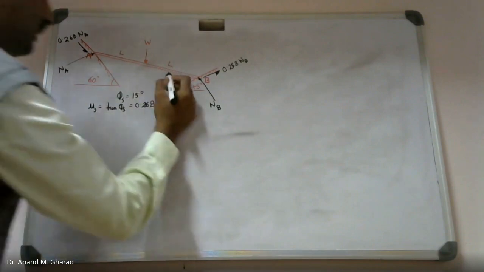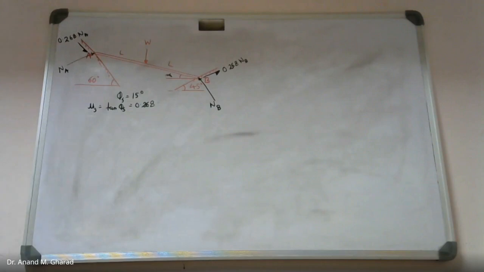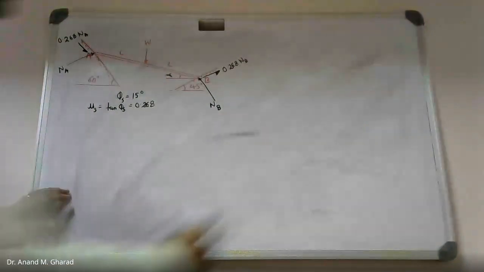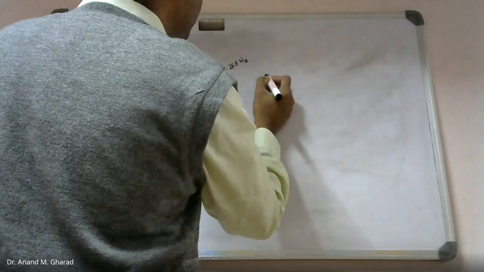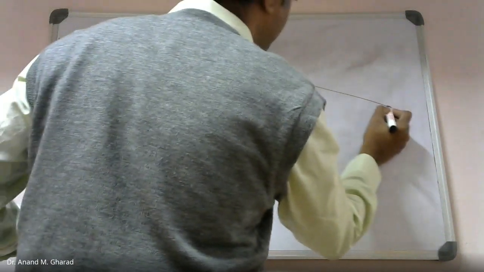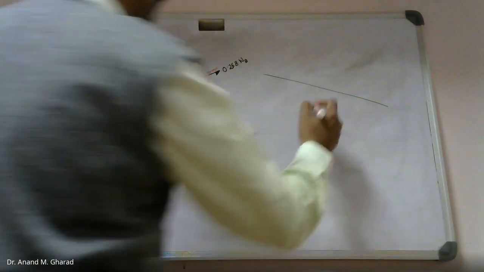So let this angle be alpha, and we are supposed to identify this angle at which the slipping impends. Let us draw the single line sketch, representing all the external forces available.